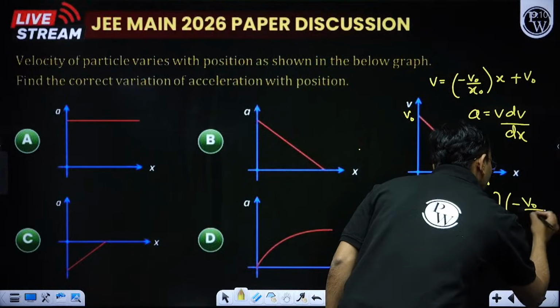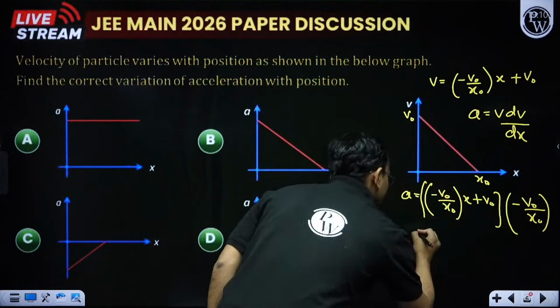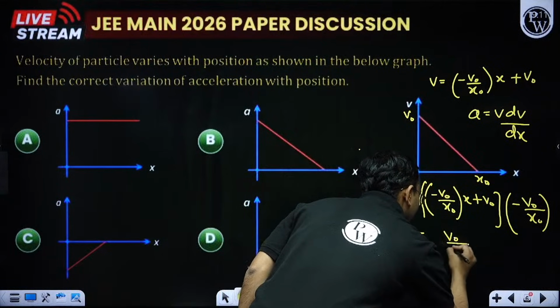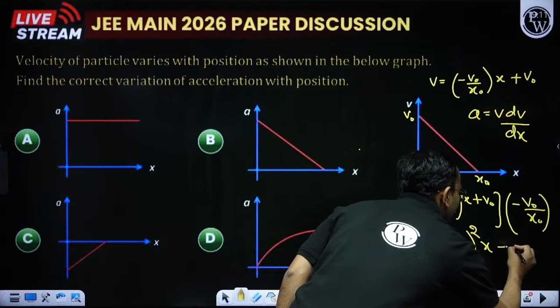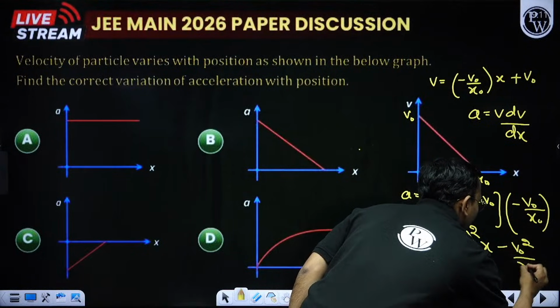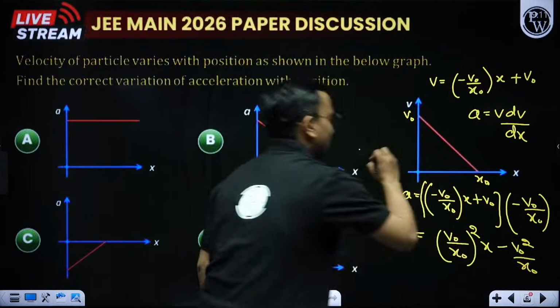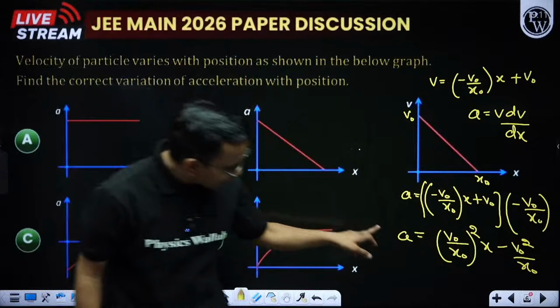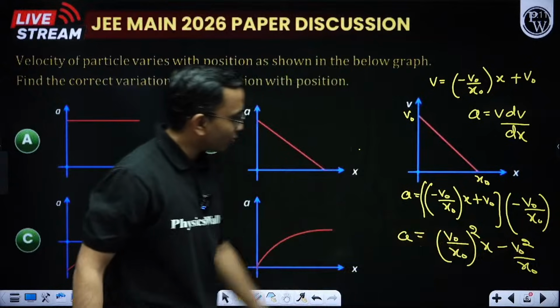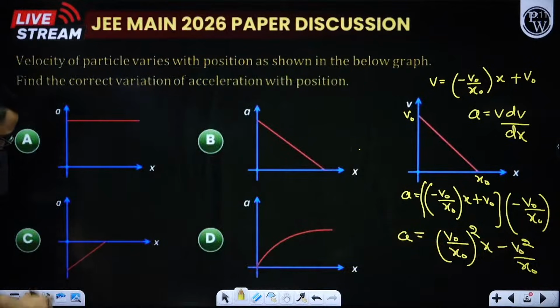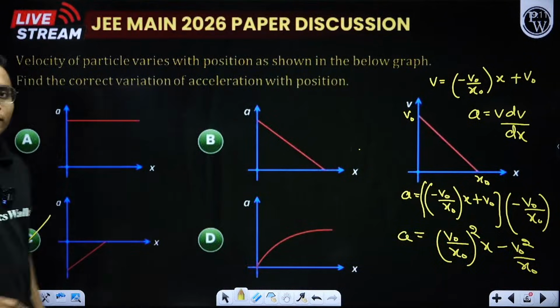Now this will become (V naught by X naught) whole square into x minus V naught square by X naught. This becomes my Ax relation. Now in this Ax relation, the slope is positive, the intercept is negative. It's a straight line. C option is coming.